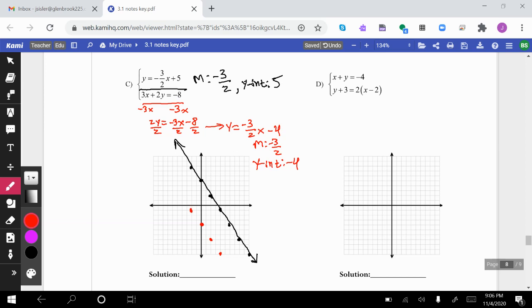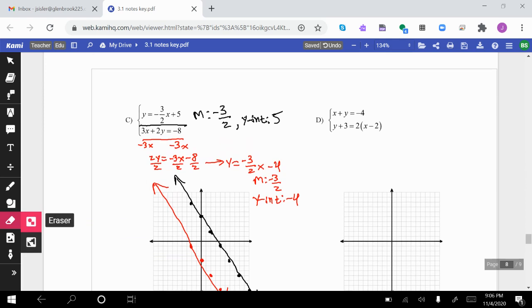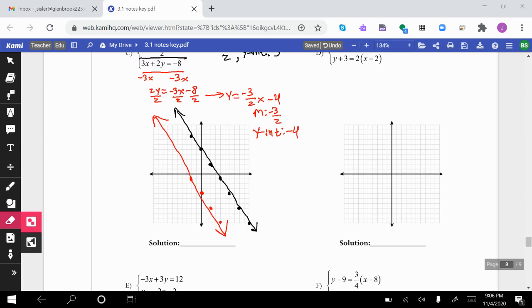And it's clear now, as we connect, that we've got a set of parallel lines, right? So we have a set of parallel lines, which means these two lines never intersect, which means that they have no solution.